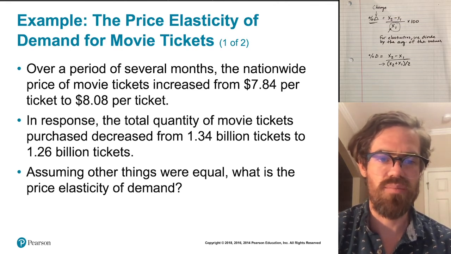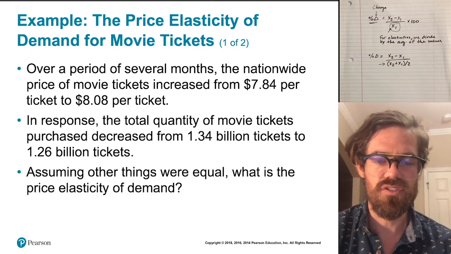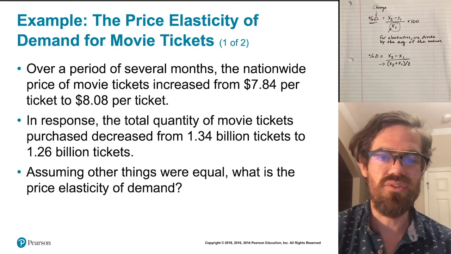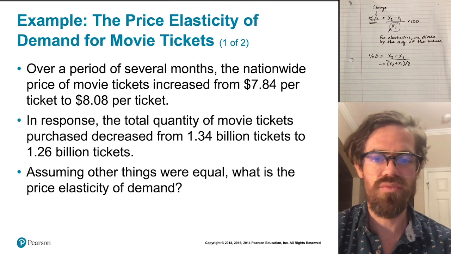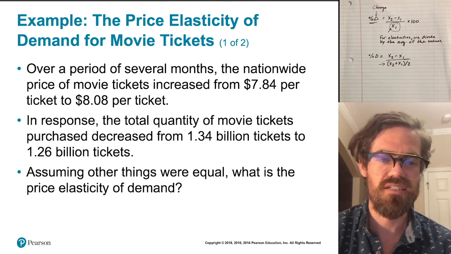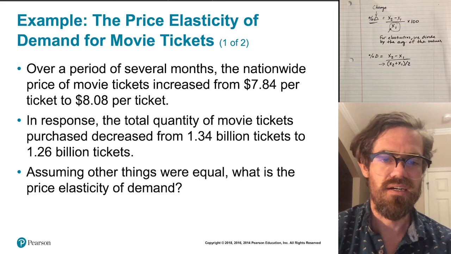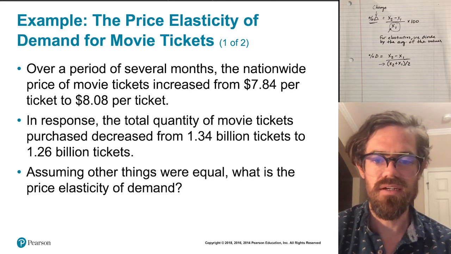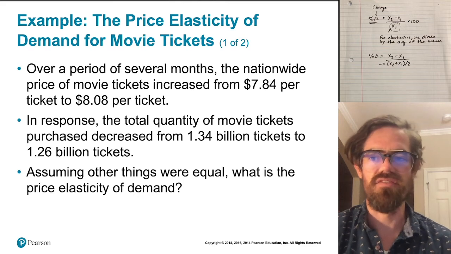And in response to that price change, the quantity of movie tickets purchased, in other words, the quantity demanded, decreased from 1.34 billion tickets to 1.26 billion tickets. Now, ceteris paribus, assuming everything else is equal, what is the price elasticity of demand?